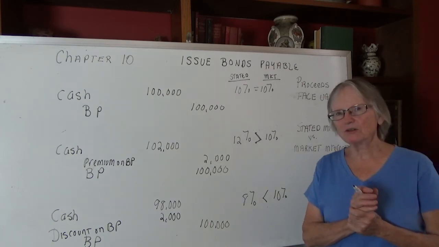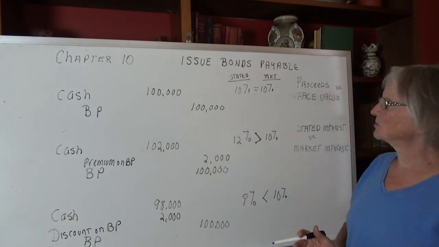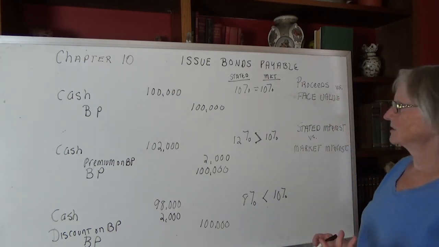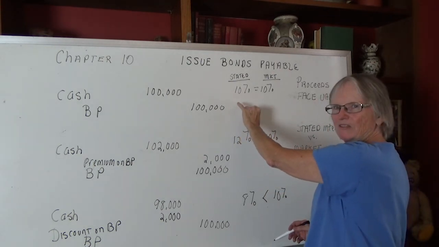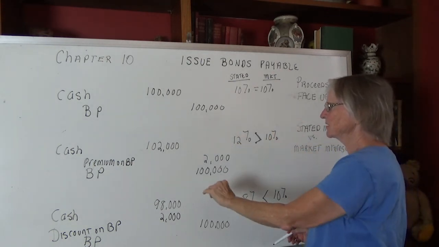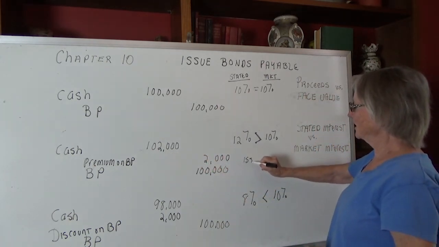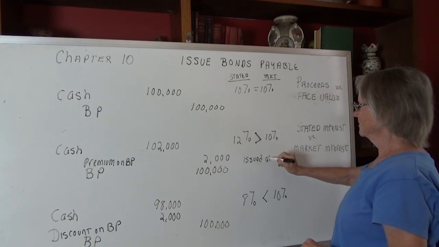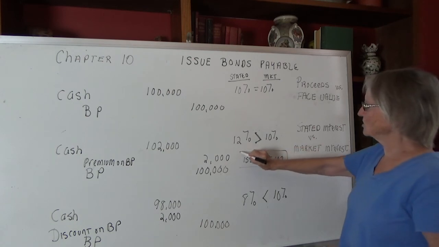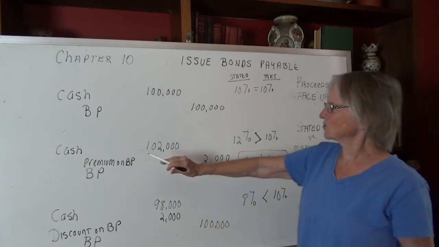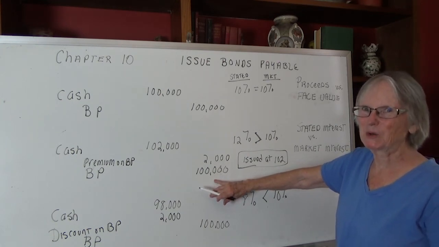The book, when they're talking about the issue price of bonds, will use the terminology issued at 100%, or issued at 100. That means it was issued at face value, 100% of the face value. This one we would say was issued at 102. So when you have a homework assignment that says it was issued at 102, the cash proceeds are going to be the face value of the bonds times 1.02.